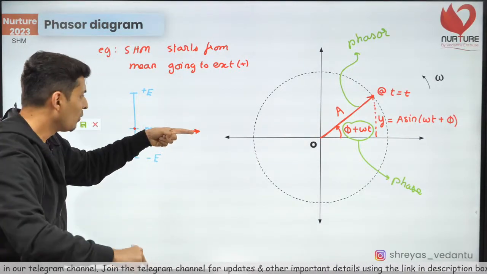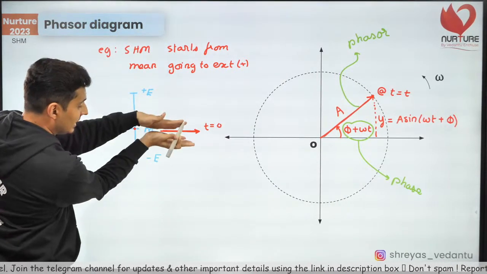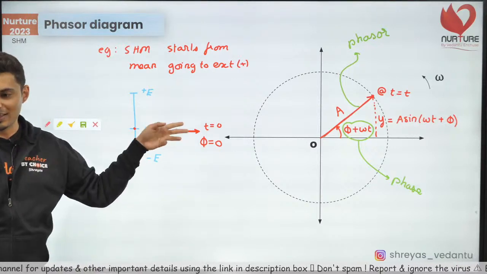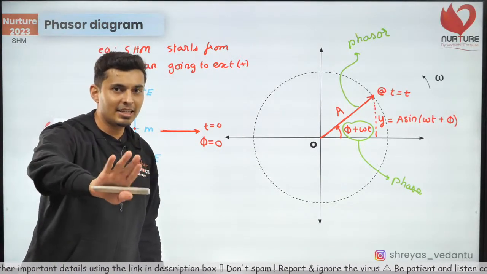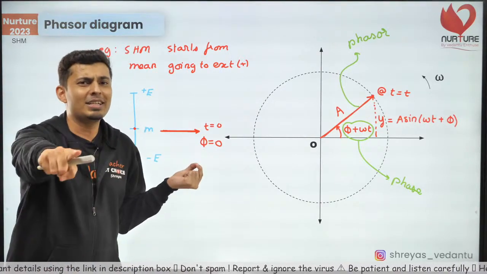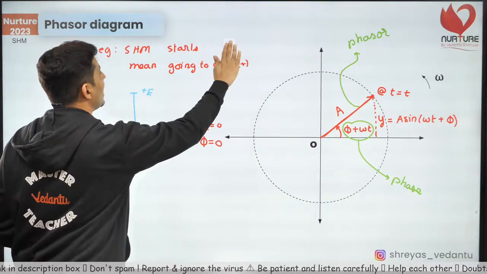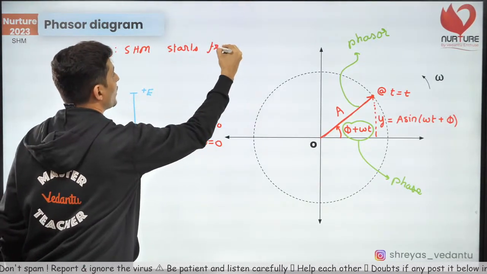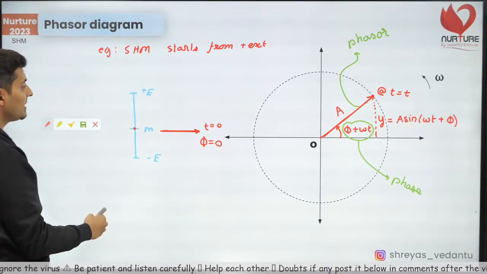Now, if I ask you, what is the initial phase angle? This is at t is equal to 0. What is the initial phase angle? Won't it be 0 radians? Hi, Lankesh. Everybody gets this? Very easy. So, a particle which starts at the origin, what is the initial phase angle? 0 radians. Perfect. What if the particle starts not from the mean, but if it starts from the positive extreme?